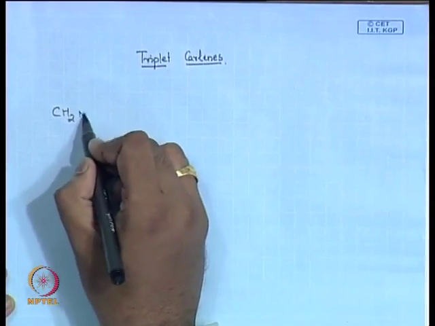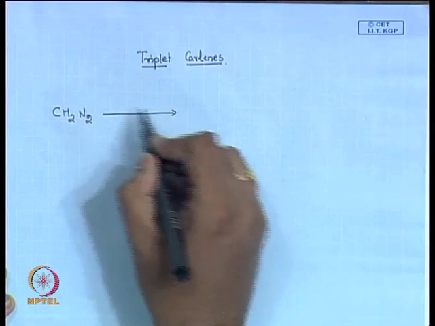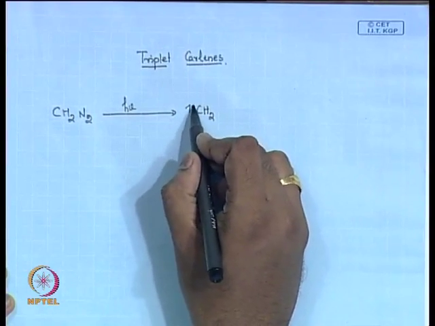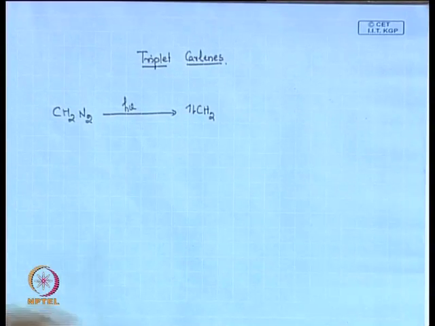For example, if I am taking a diazomethane and I photolyze, you know that definitely you will end up with a singlet. But if your condition is inert, like you are doing this in an argon atmosphere, and if you can do it at low temperature, then it is also possible.